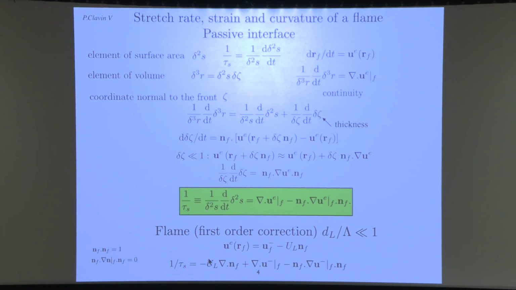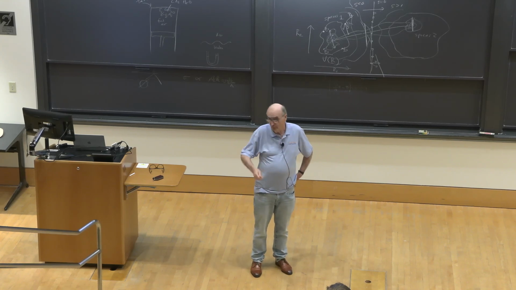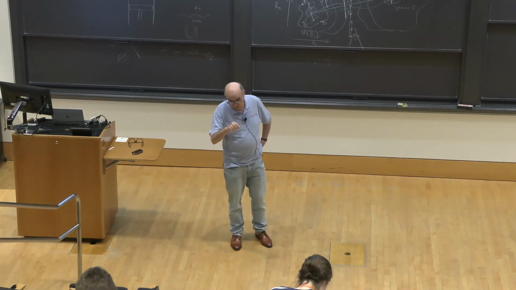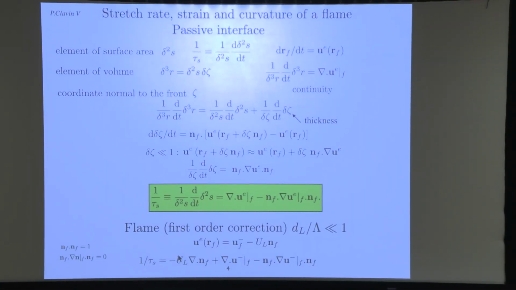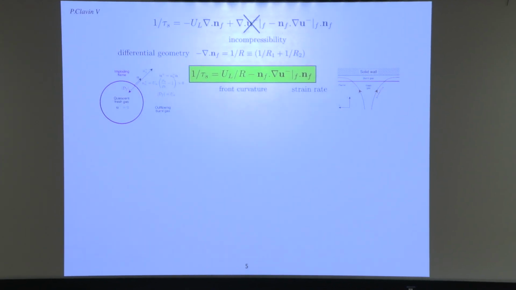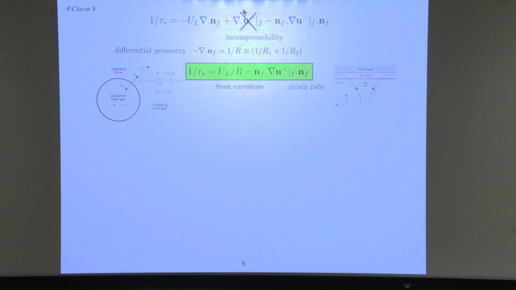The divergence of the normal is the curvature radius of the surface. This is general, it's easy to show. You just do your calculation yourself, you will find that. And when you know that, and when you take into account that the fluid is incompressible, this divergence of U should be 0 on the flame, and you take into account that it's a differential geometry result, that the divergence is the inverse of the curvature radius.